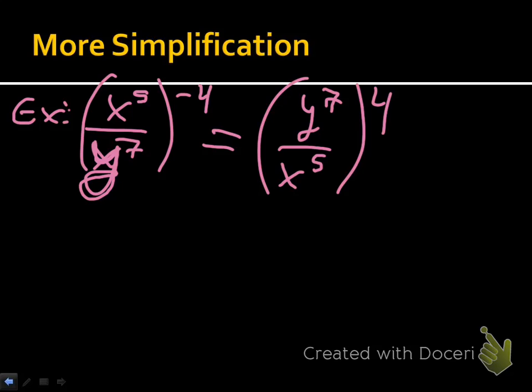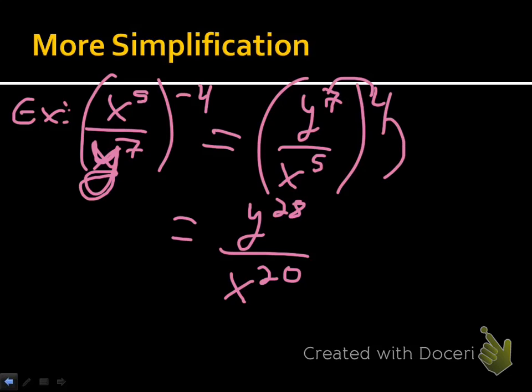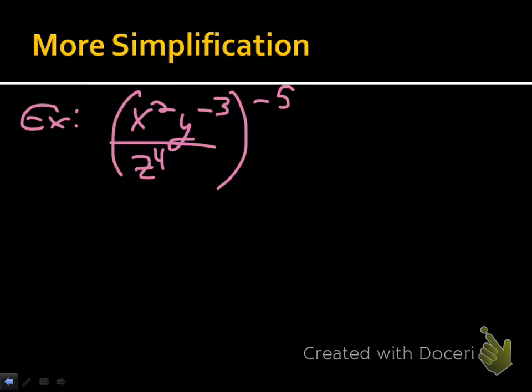Now I can use the quotient to a power rule, which says this is y to the 4 times 7, which is 28, divided by x to the 5 times 4, which is 20. Remember, that's because I'm multiplying the 4 by 7 and the 4 by 5. And that's as simple as I can get it.